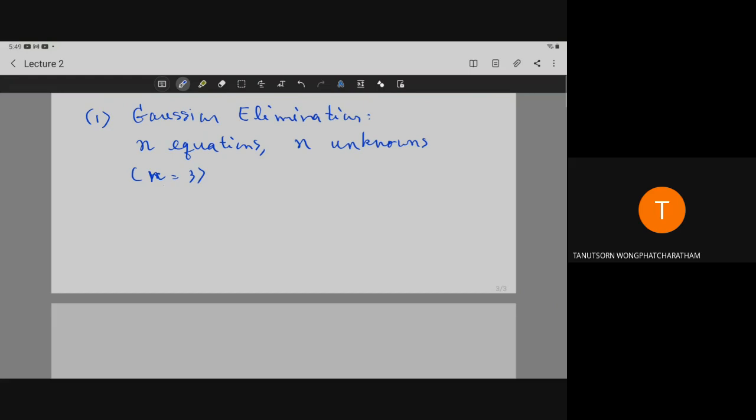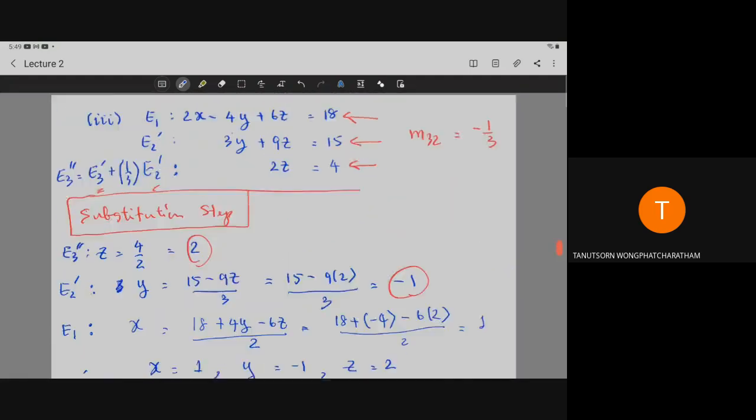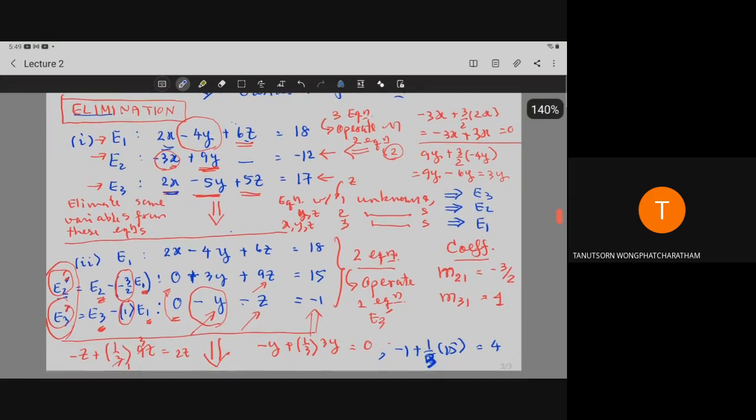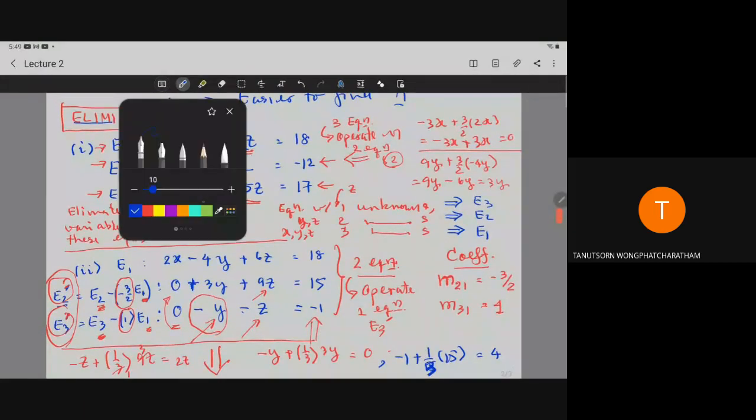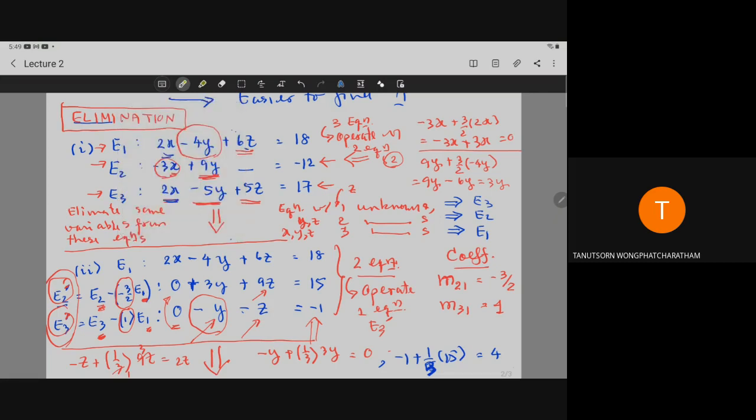Okay, so if you remember when we were looking at up here, let me use maybe the orange or green colors. During these steps, from step 1 to step 2, if we have 3 equations, we need to work on 2 equations.